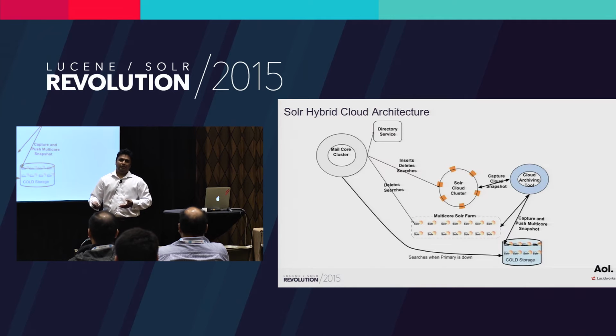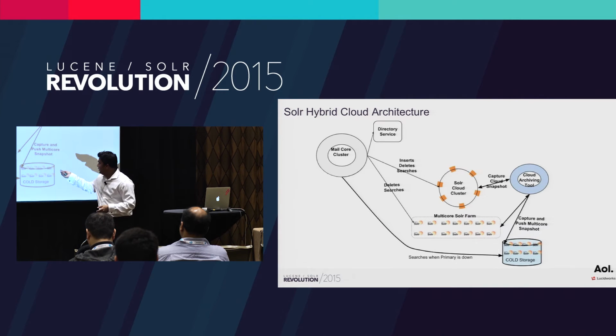So we built our own custom doc routing capability, which is very similar to the Murmur hash logic. The user's documents go here. Almost all the deletes also go there, because people tend to delete the newest mail they get. That's our user profile. We implemented this, it took a few months, and now this is across the board in our production.